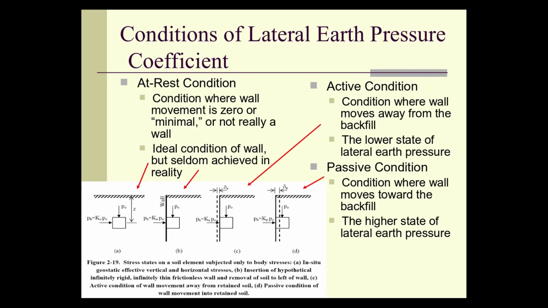When we get to a wall, if I induce a vertical stress, and the horizontal stress is pushing against the wall, and there's nothing on the other side of resistance, or the resistance is minimal, then what's going to happen is the wall is going to move away from the horizontal stress that I'm inducing, that delta A in diagram C. And that's referred to as an active condition, when the wall moves away from it.